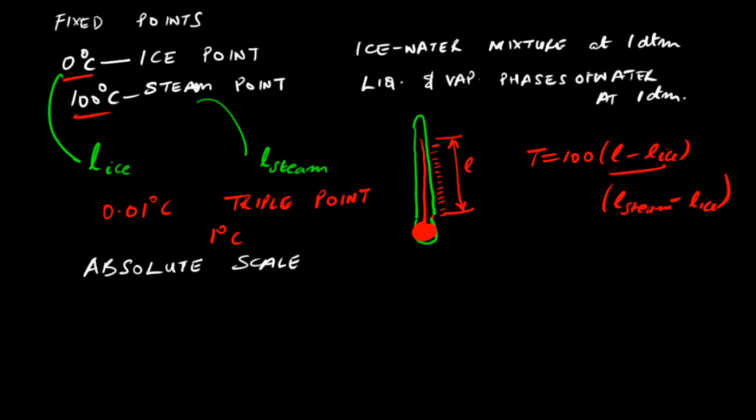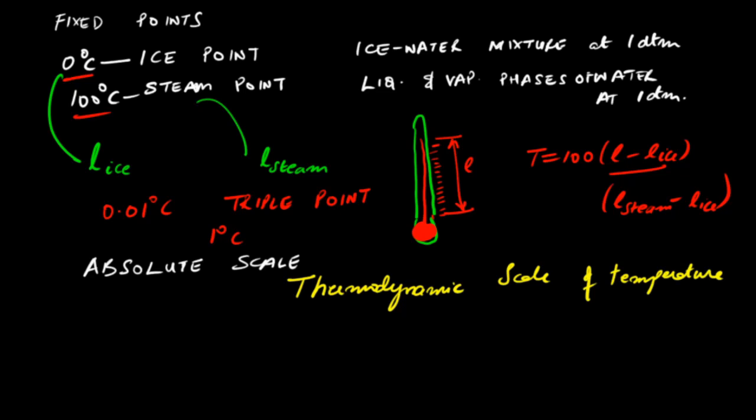The absolute scale is referred to as the thermodynamic scale of temperature, and to understand that, we have to go to the second law of thermodynamics.